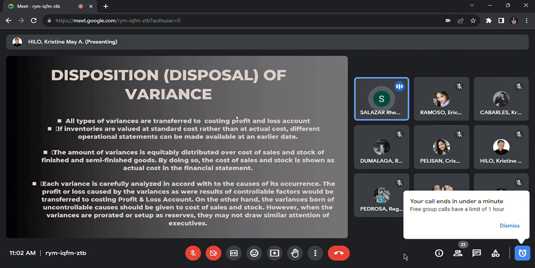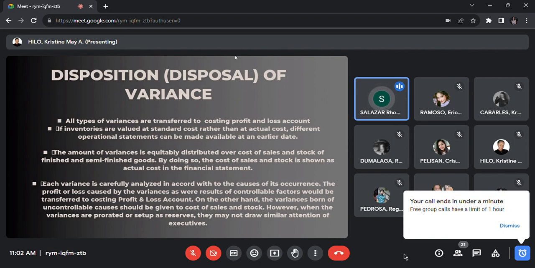The amount of variance is equitably distributed over cost of sales and stock of finished and semi-finished goods. By doing so, the cost of sales and stock is shown as actual cost in the financial statement.